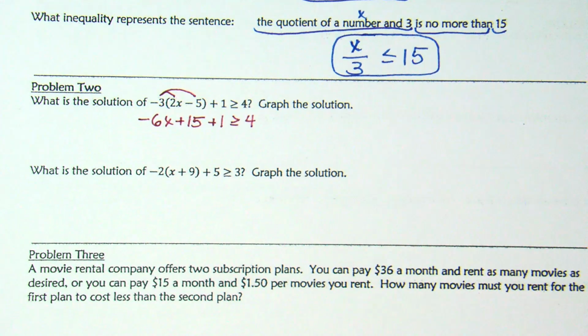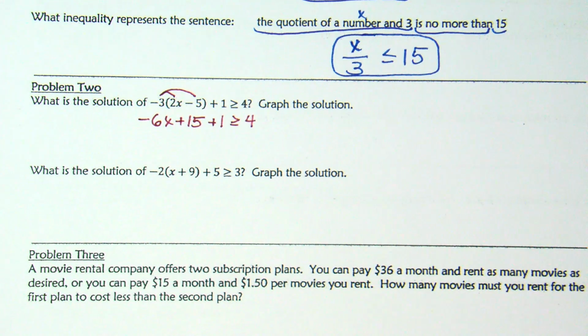On the left, we can what, Madison? Isn't it 15? Adding the 15 and 1?